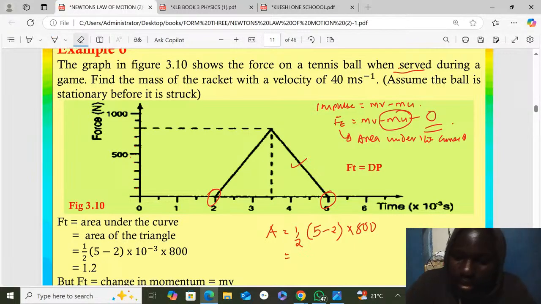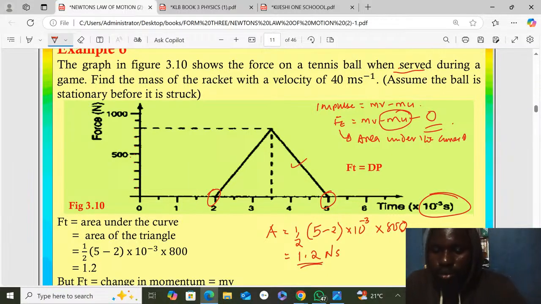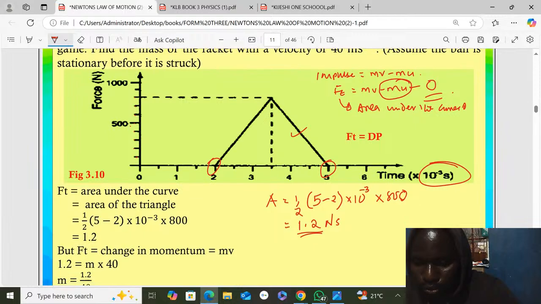The time here is given in 10 raised to negative 3 seconds. Then you multiply by 800, and in this case you arrive at 1.2 newton seconds.